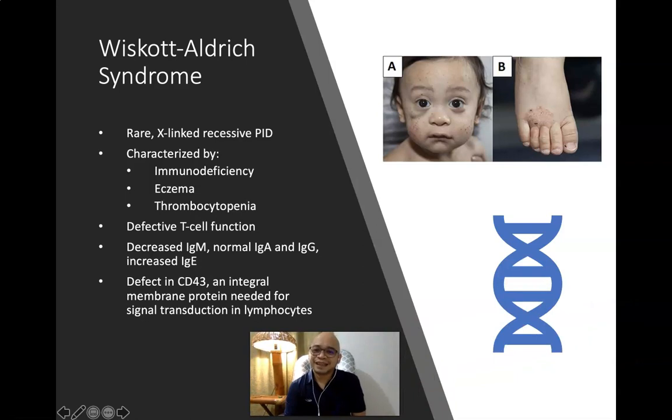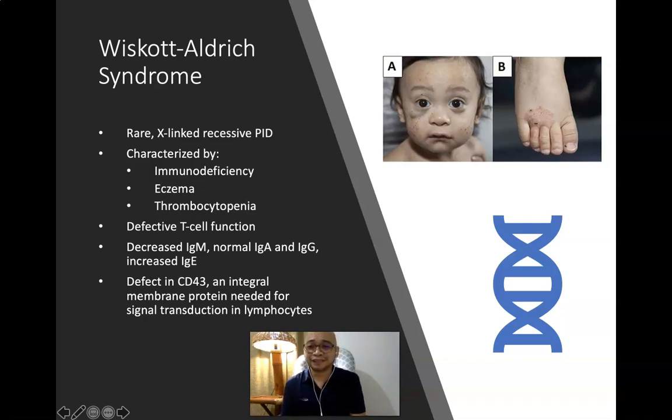Another example here is the Wiskott-Aldrich syndrome. It is another example of a rare X-linked recessive primary immunodeficiency disorder, and it is characterized by, number 1, immunodeficiency, and then an allergic reaction, eczema, and thrombocytopenia. Thrombocytopenia is the condition wherein you lack platelets, and that is the reason why you see petechiae all over the skin.